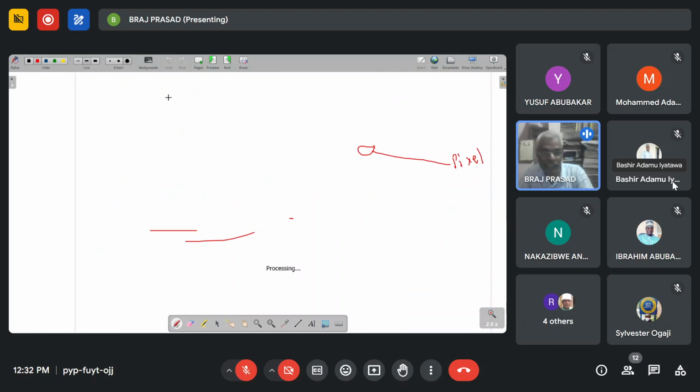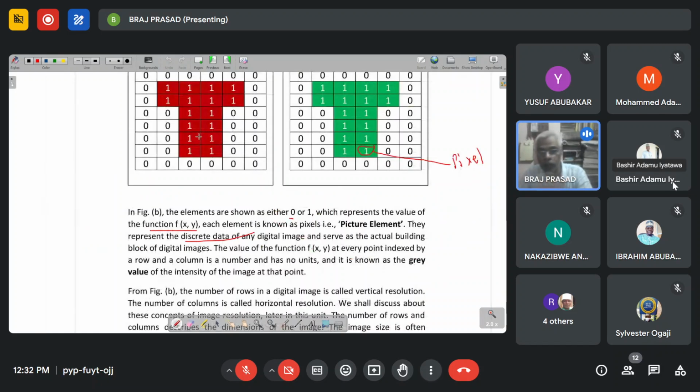This is the concept, or the way, to digitize the image in discrete format. They represent the discrete data, either 0 or 1 of any digital image, and serve as the actual building block of digital image.